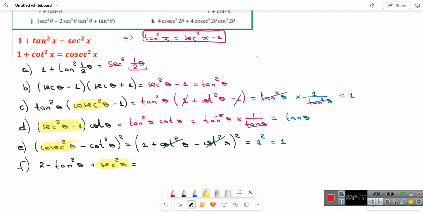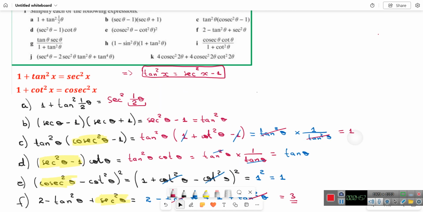So we have 2 minus tan squared of theta plus 1 plus tan squared of theta. Now this is going to cancel down and give us 3.